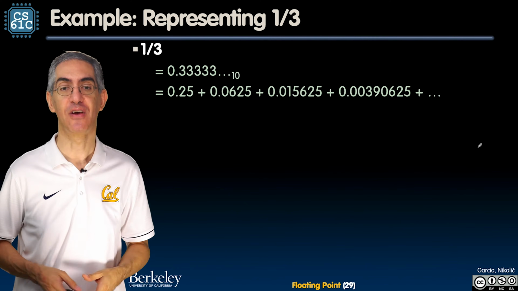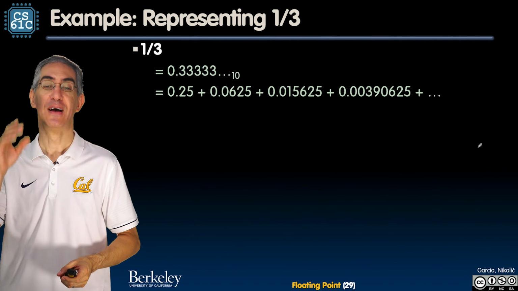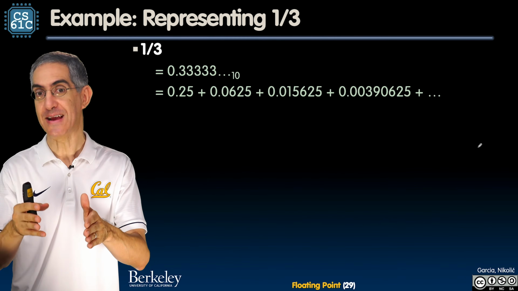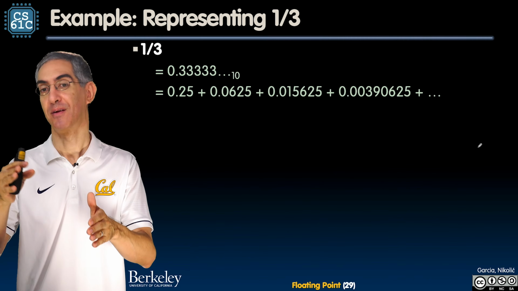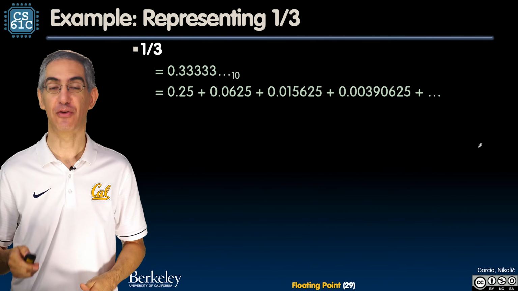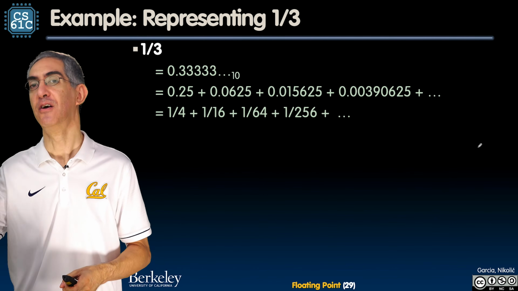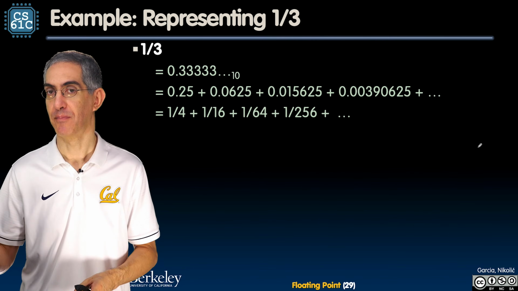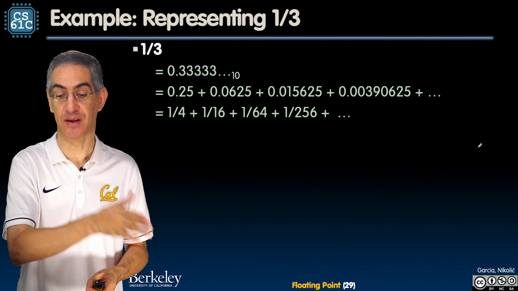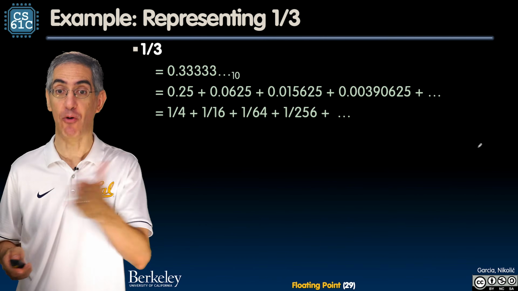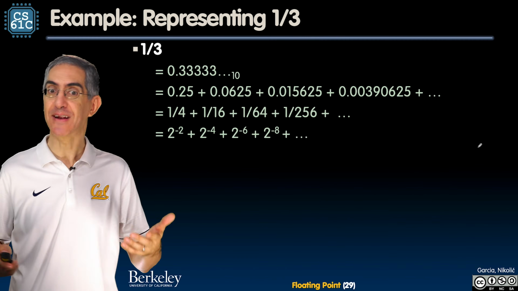Keep doing this, and you'll see it works out to be a quarter, plus a 16th, plus a 64th, plus a 256th. It actually skips one. It starts by skipping the half, and then every other one. That's it. So now we can do it.